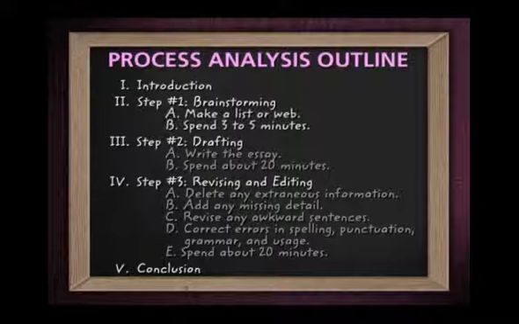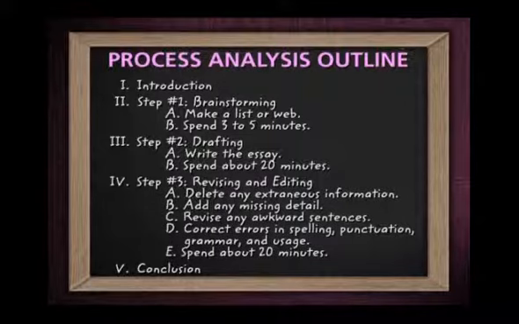Under step 1, I have make a list or web, and under B, I have spend 3 to 5 minutes. Recall, I can't have an A without a B, so I have them in pairs. Step 2 is drafting. A is write the essay. B is spend about 20 minutes. On step 3, revising and editing.